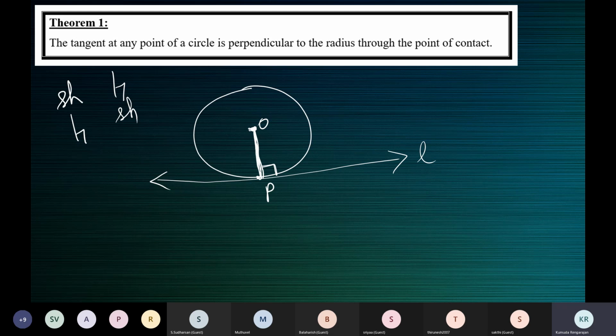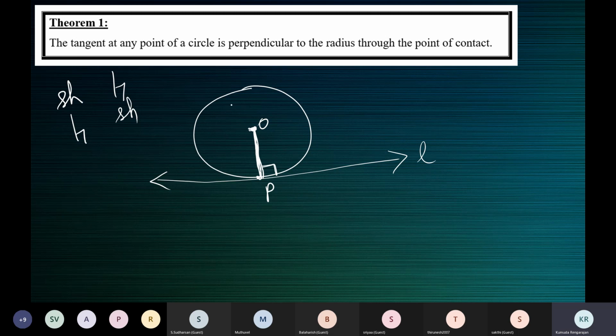So there are infinitely many points lying on the line L. The tangent is a line, and so there are infinitely many points lying on the tangent. Of those infinitely many points, there's only one point that is in contact with the circle.